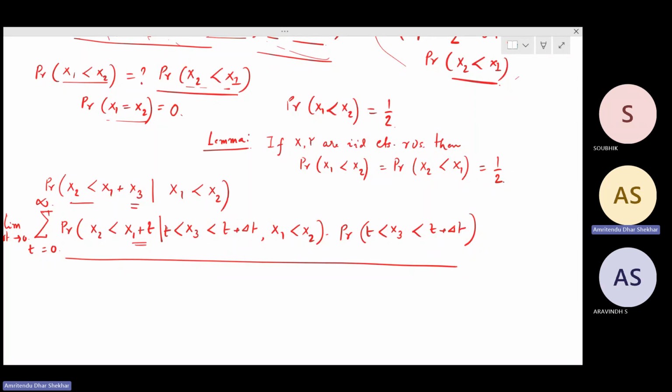So in particular, I can do a condition on this. So I can say x2 less than x1 plus t, where x3 is between t and t plus delta t times this and this.